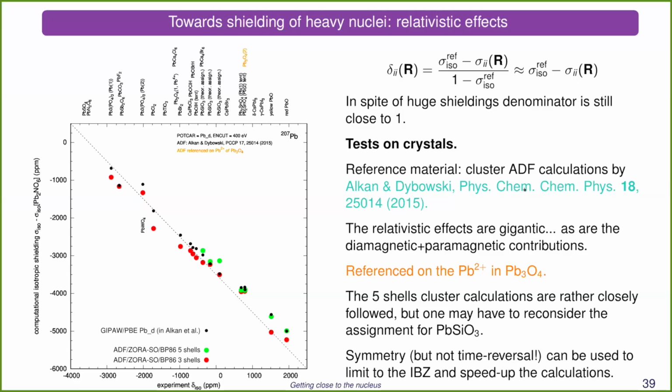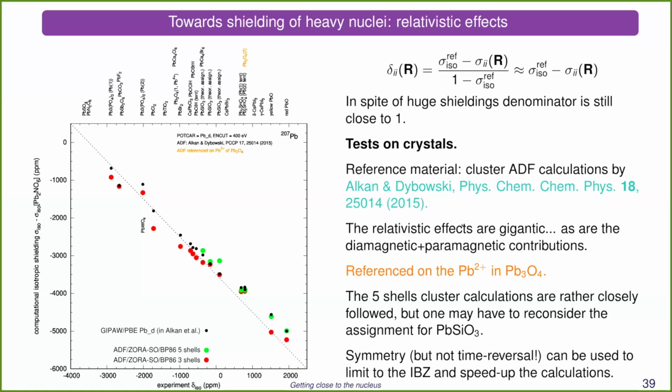There are cluster calculations of that in the literature, where with ADF, people make a cluster representing the bulk of the system. This cluster can consist of a number of shells. Here they have done 3 shells, 5 shells. And then they find with 3 shells the red dot, and when they do a better job with 5 shells, you get the green dots over here, and those are the calculations. But what we are doing here is not a cluster calculation.